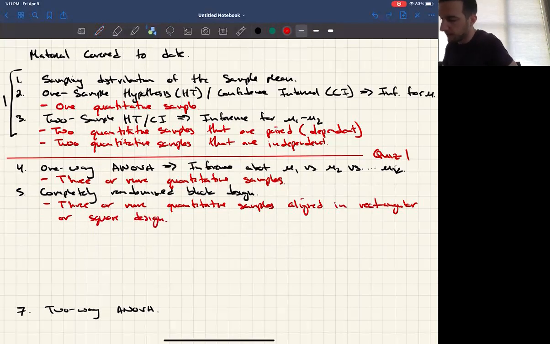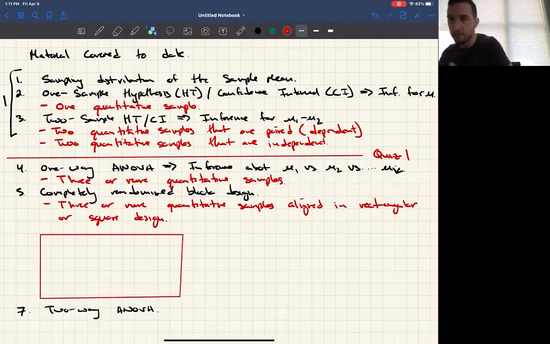So that effectively means that when we're dealing with a block design, our data is always going to be written out in some sort of square-like or rectangular-like structure.